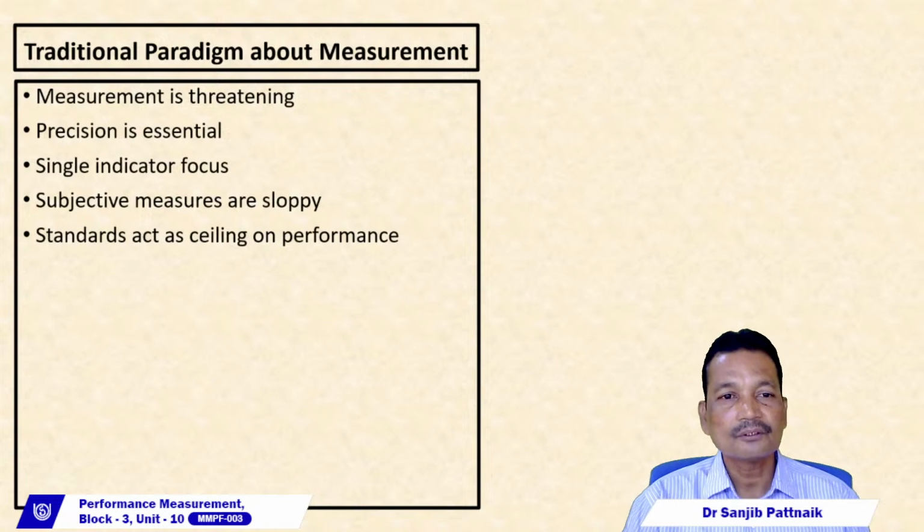Now, think about customer satisfaction. It is not that just like net profit as we did for a single indicator, net profit can be numerically found out. But customer satisfaction cannot be exactly found out by these numerical things.